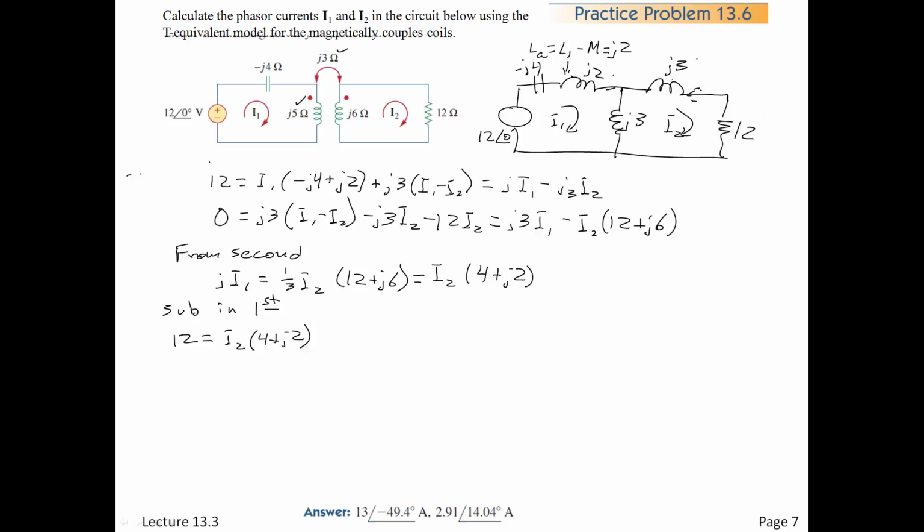That's the I1 equals this, right? So we get that right away. Minus J3 times I2, right? So just so we're not lost, I went into this and substituted my J I1, right? So that's J3 times, what do I have here?